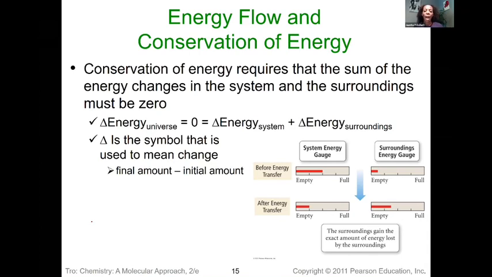If we add up the overall changes in energy, anytime you see this symbol, this triangle, that just means the change. You're taking the final amount minus the initial amount. When we add these up, it should add up to 0, because the energy change in the system is equal but opposite to that of the surroundings. So the overall change is 0, constant energy in the universe.